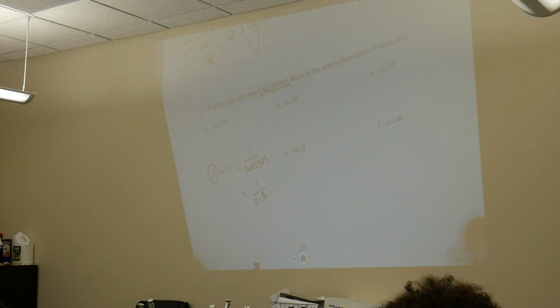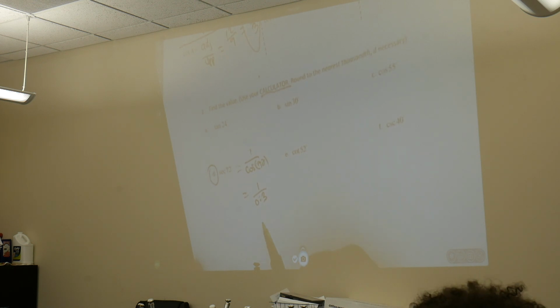Now, this answer should be 10 over 3. But if you don't see how I'm doing it, I'm going to change my denominator to a fraction. 0.3 is 30%. 30% is 30 over 100, or 3 out of 10. This is a fraction, that means 1 divided by 3 out of 10.